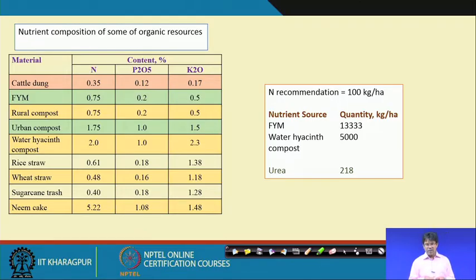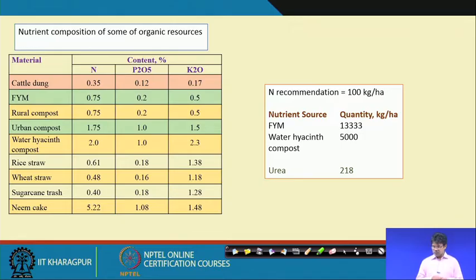If your source is FYM that contains 0.75% nitrogen, to meet 100 kg N per hectare, how much FYM is required? That is 13.3 tons. That means you get 0.75 kg from 100 kg, so 100 divided by 0.75, into 100 kg, which is your recommended nitrogen, gives 13.3.